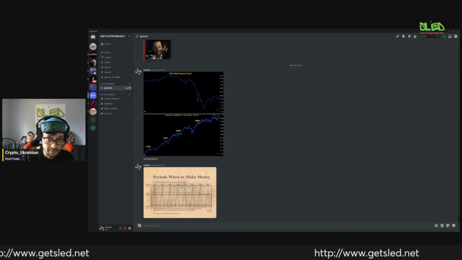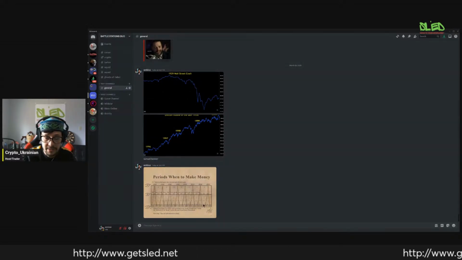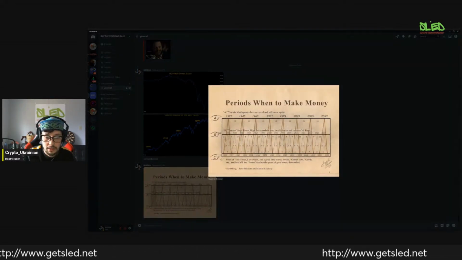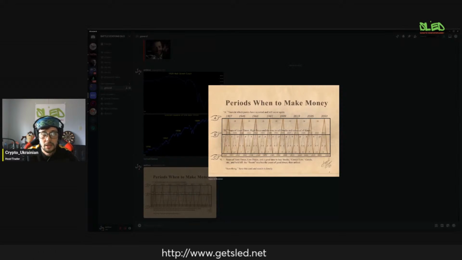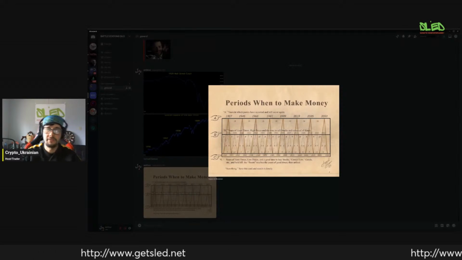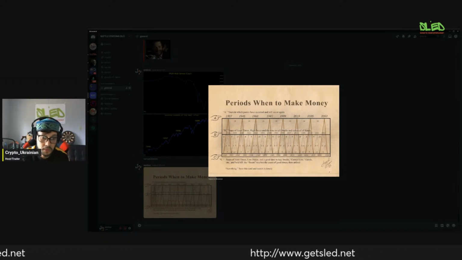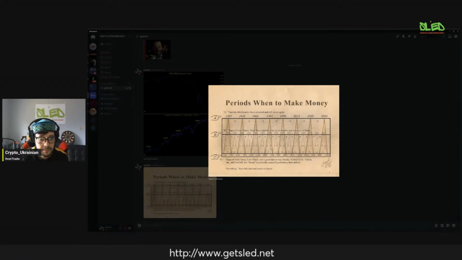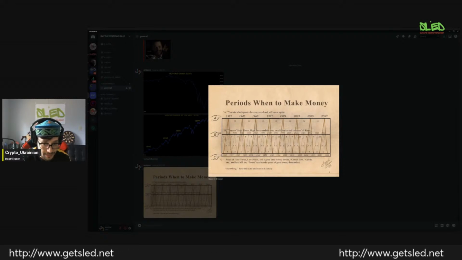So more significantly, let me put the Banner cycle back up. If you look at more recent events, remember that Banner devised this chart over a century ago. He actually predicted a major market top in 1999, specifically towards the end of 1999.